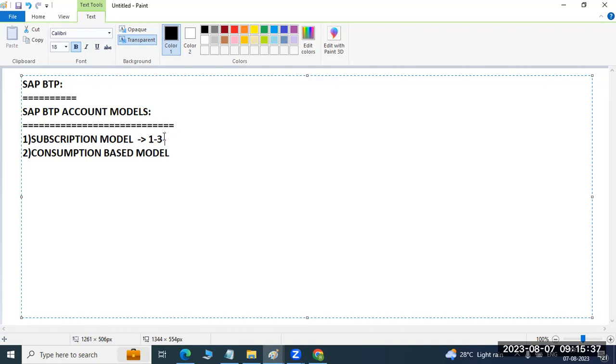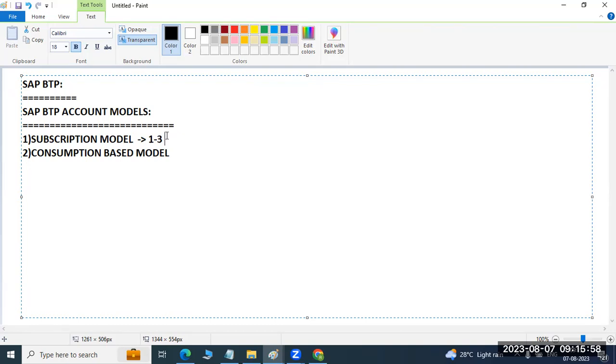Subscribing to individual services sometimes ends up costing more. If you take in bulk, you will get some discount. If you pay for individual services, you have to pay more. The subscription model also offers some packages, like in the outside world market.